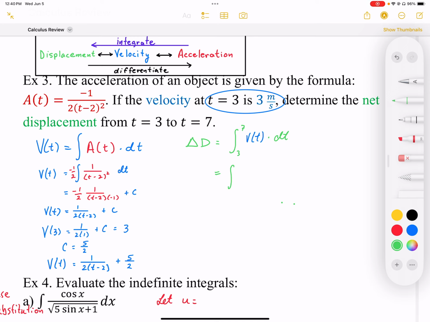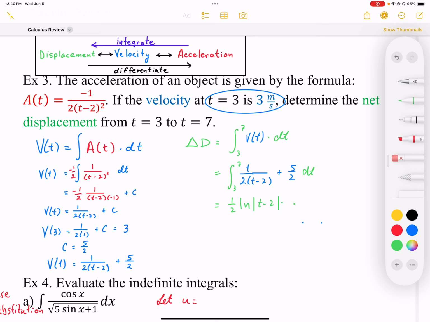So plugging in my velocity function, I'm going to write it like this, 1 over 2 bracket t minus 2 plus 5 over 2, and I'm going to integrate that. When I integrate that, I'm going to end up with 1/2 log t minus 2.